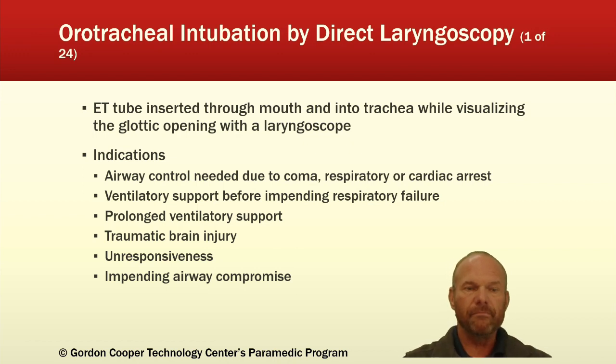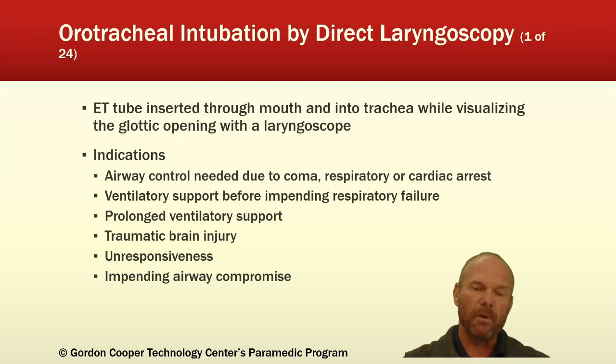So, oral tracheal intubation, let's talk about it with direct laryngoscopy. It involves passing that tube through that glottic opening like we've mentioned. So when do we do this? When airway control is necessary. There are several reasons: coma, respiratory arrest, cardiac arrest. What we're doing is providing ventilatory support in cases of impending respiratory failure, for prolonged ventilatory support in critically ill or injured patients, in cases of traumatic brain injury, trying to protect that airway and maintain oxygenation.